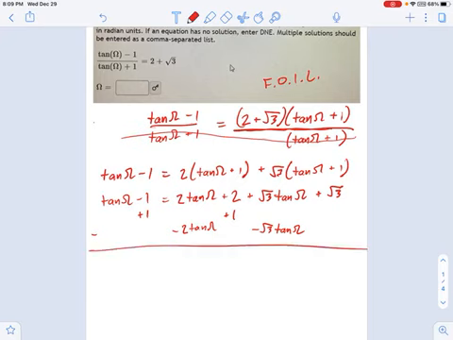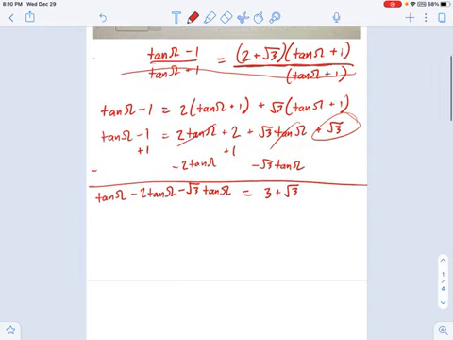What do we get? We get tangent omega minus 2 tangent omega minus radical 3 tangent omega equals, well, I finished those things, so all that's left on the right side is 3 plus radical 3, right? 2 plus 1 makes 3, and then there's that radical 3 over on the end. So all I'm really doing is combining like terms, and we can still work on the left side here.